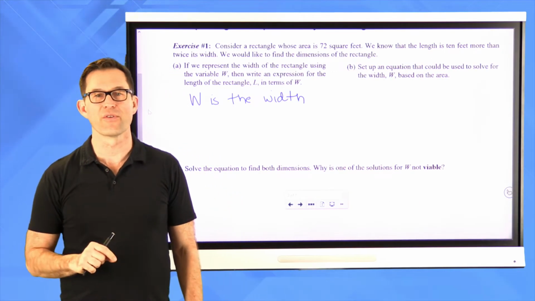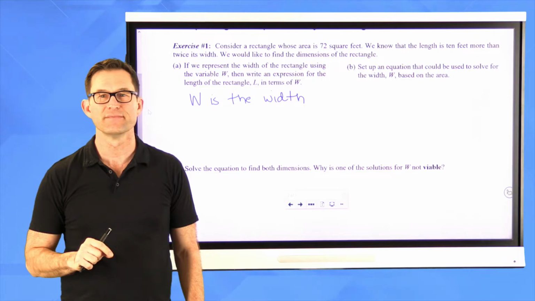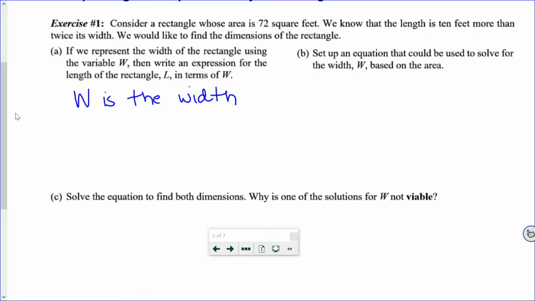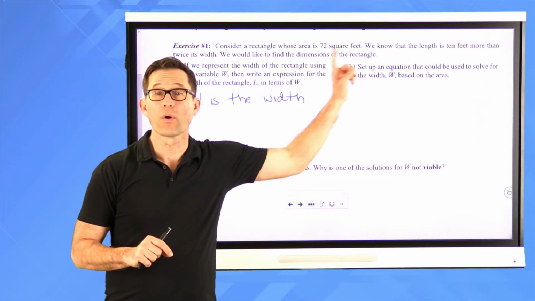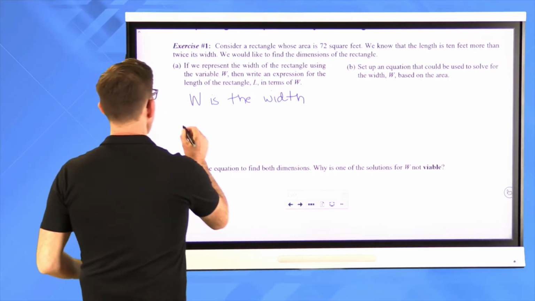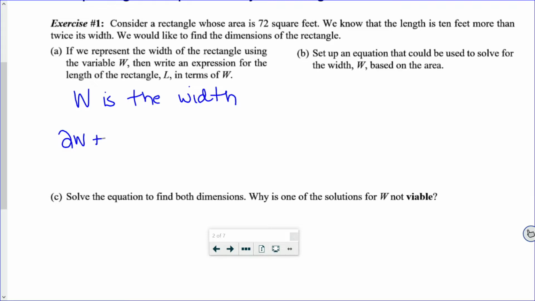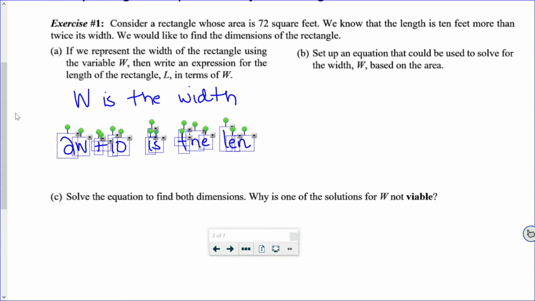Write down an expression for that. It should be pretty easy. Well, if it's 10 feet more than twice the width, then 2w plus 10 is the length.